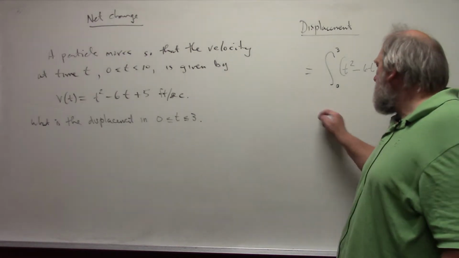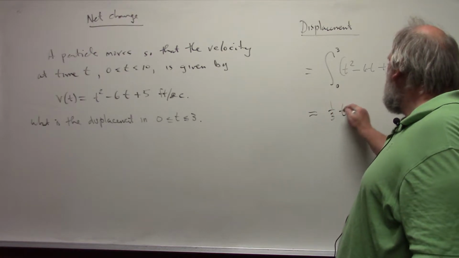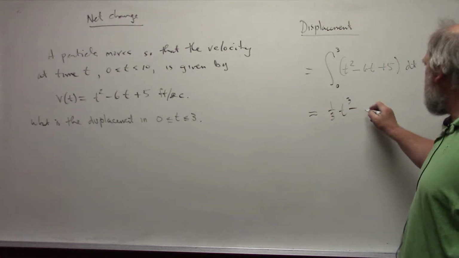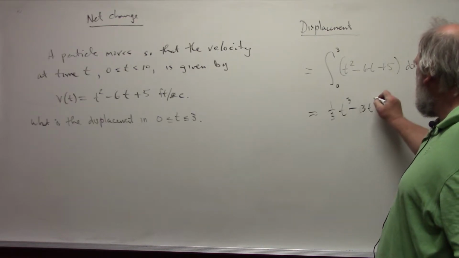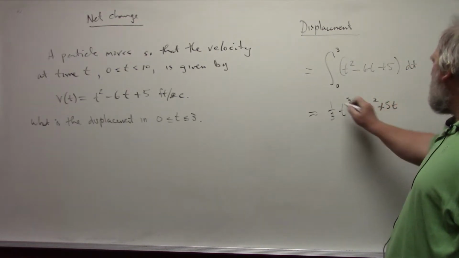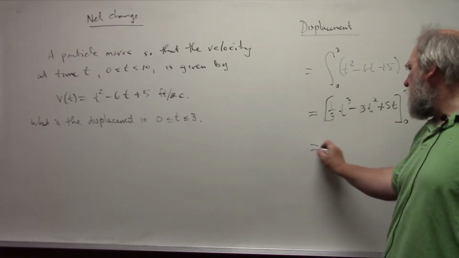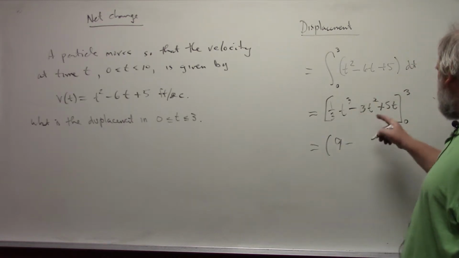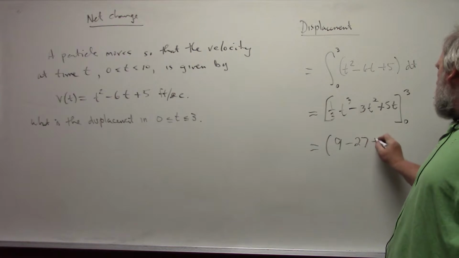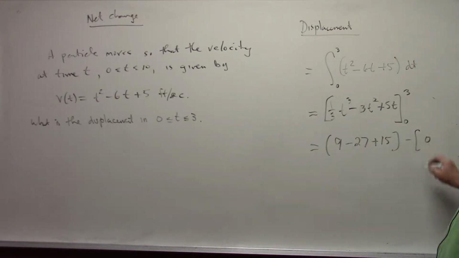And so this is rather simple. This becomes 1/3 t cubed minus 3t squared plus 5t, evaluated from 0 to 3, which gives me then 9 minus 27 plus 15 minus 0.